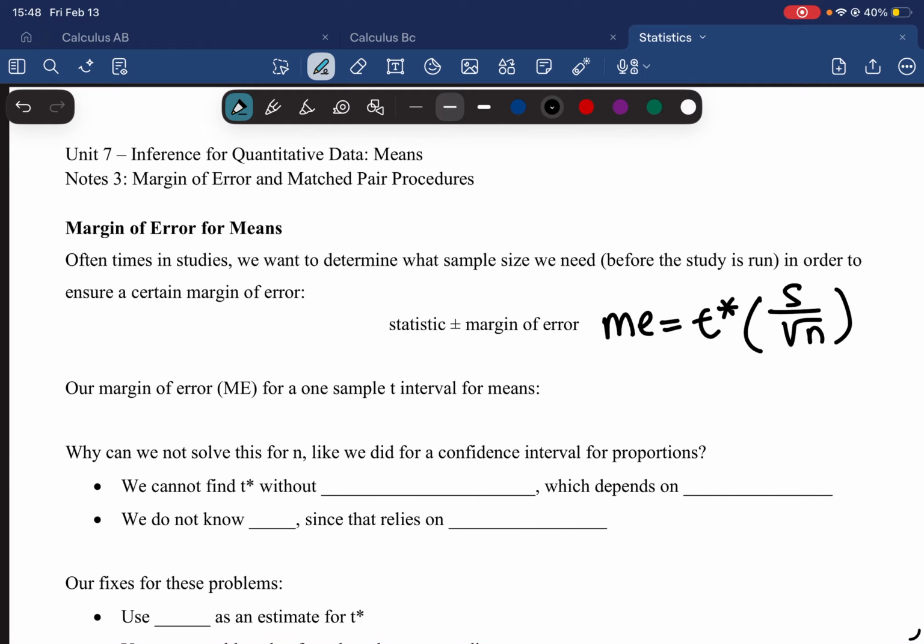So it says we cannot find T star without knowing the degrees of freedom, which depends on the sample size.